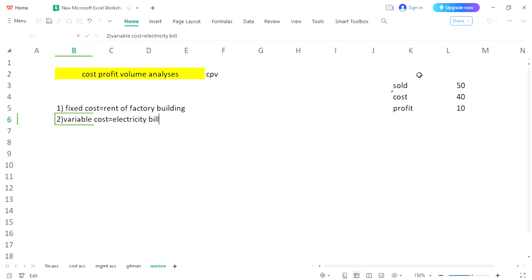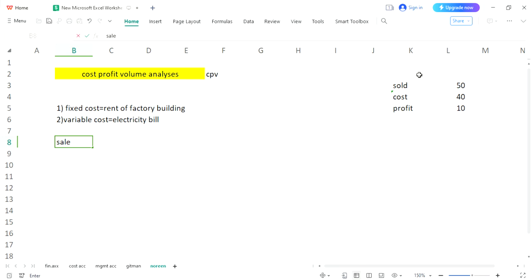Your electricity bill would be increased. So when you are increasing your level of production, if cost is increasing, that would be called variable cost. It means due to a change in level of production, if your cost is also being changed, it would be called variable cost. Then finally we have discussed the new concept of contribution margin.